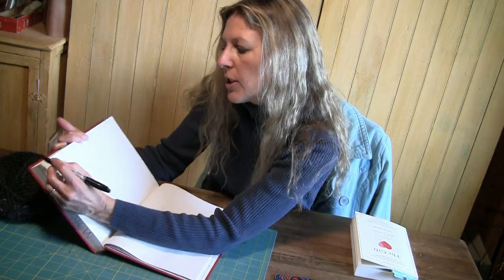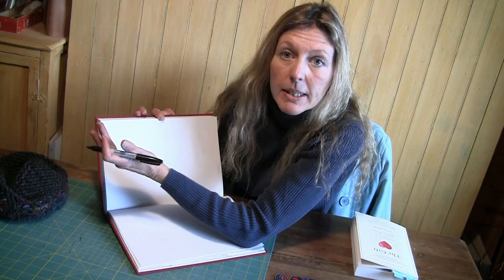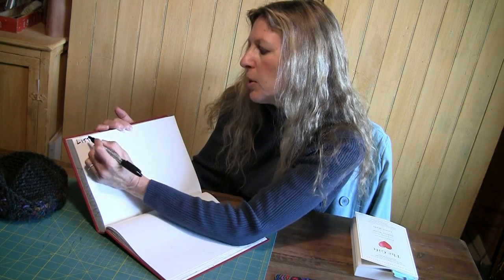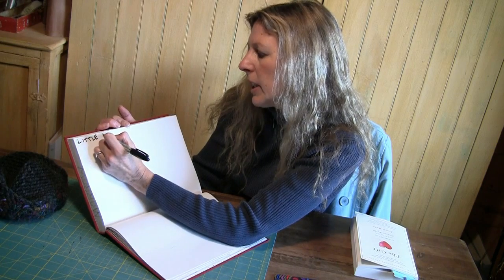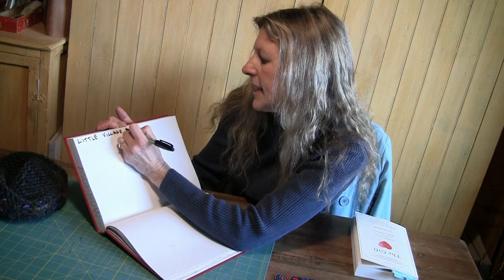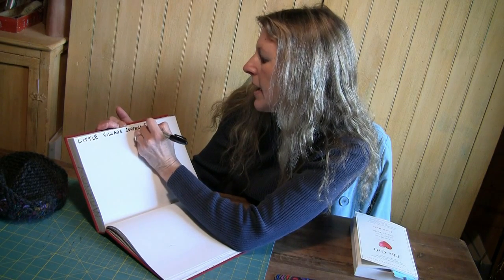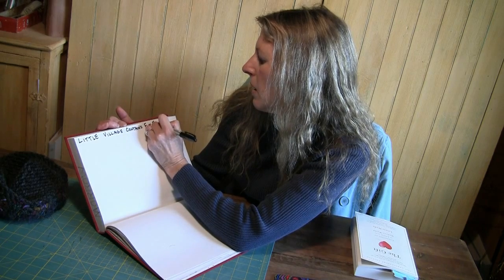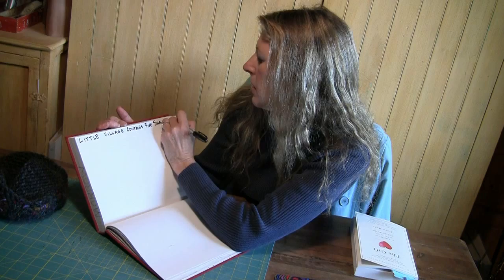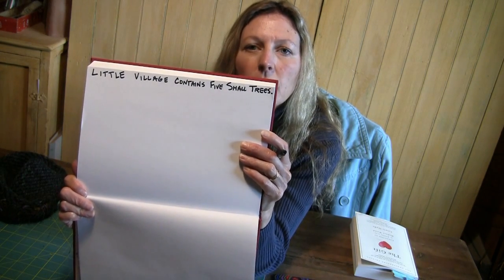So what you can do is to write that across the top of your sketchbook or on a piece of paper if you'd like, so that you have that sentence visible to you. Little village contains 5 small trees.